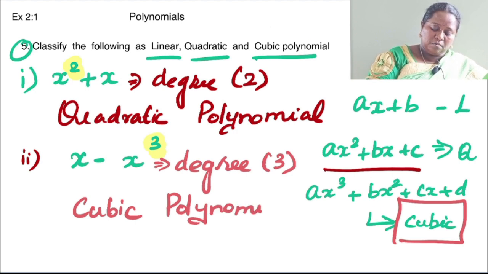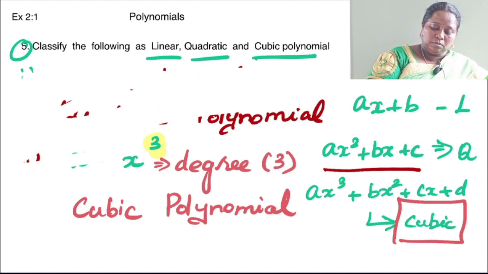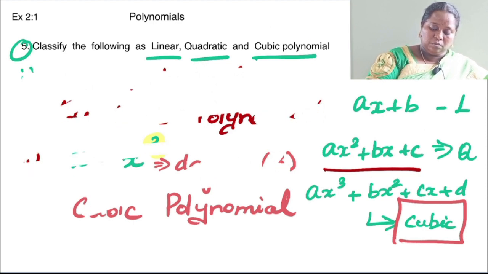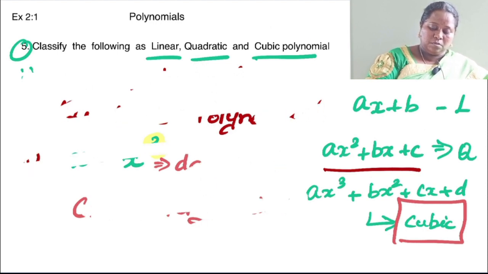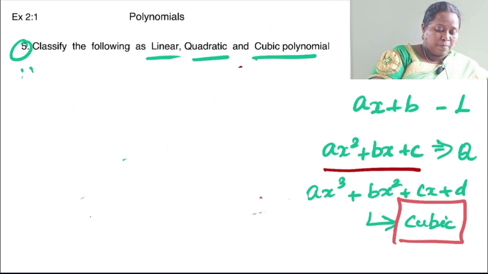Cubic polynomial. The next sum, the sixth sum.